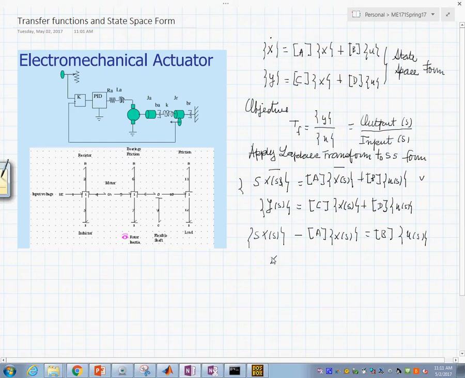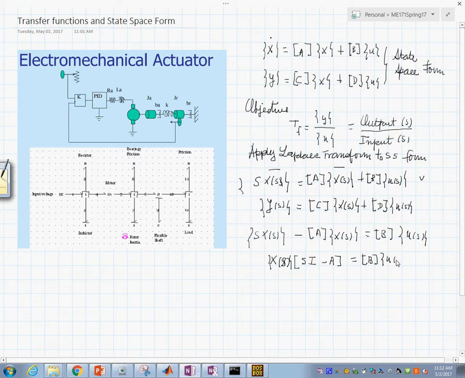We could write this, if we want to take x of s as a factor outside of this multiplication, as x of s times sI, the identity matrix, minus A, right? Because we took x of s out. So this vector multiplied by this matrix is equal to B.